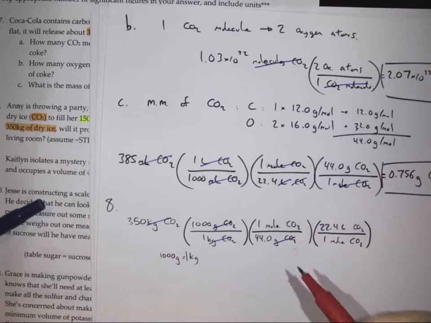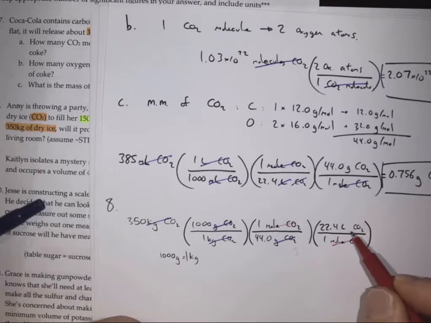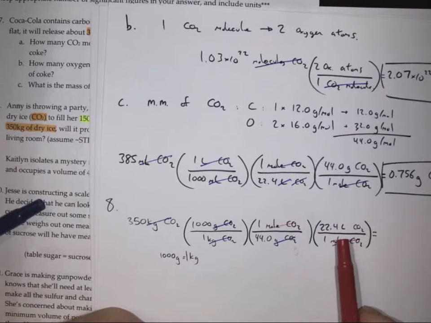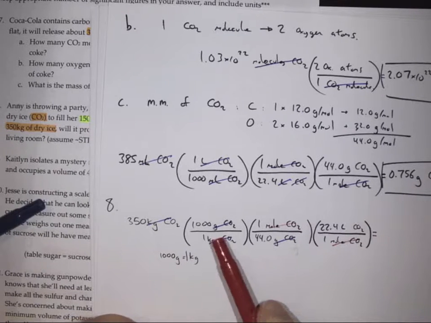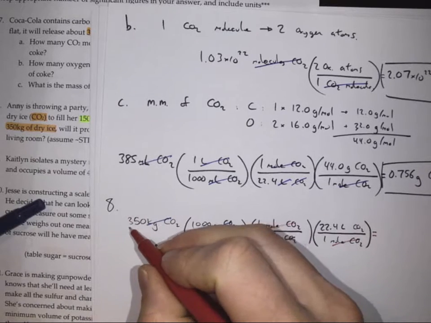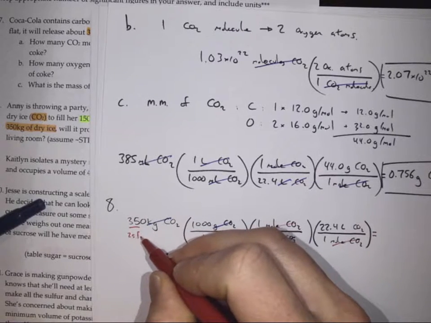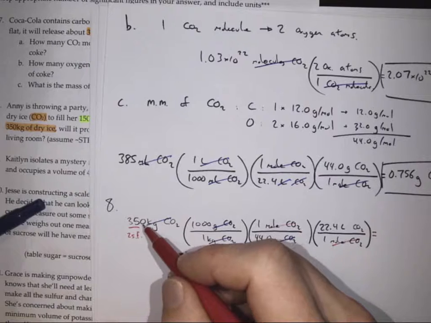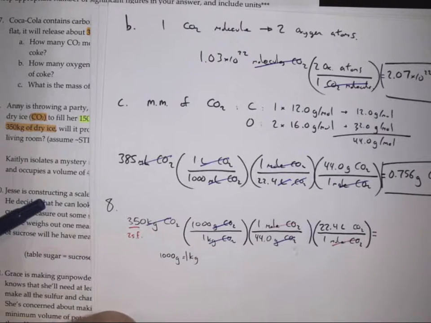Okay, and lastly, our moles of carbon dioxide cancel, and we have some number of liters. So when we're all finished, it looks like we have 3 sig figs, 3 sig figs, infinity. Oh, there's only 2 significant figures here. 2 sig figs, because that 0 separates our measurement from the decimal point.